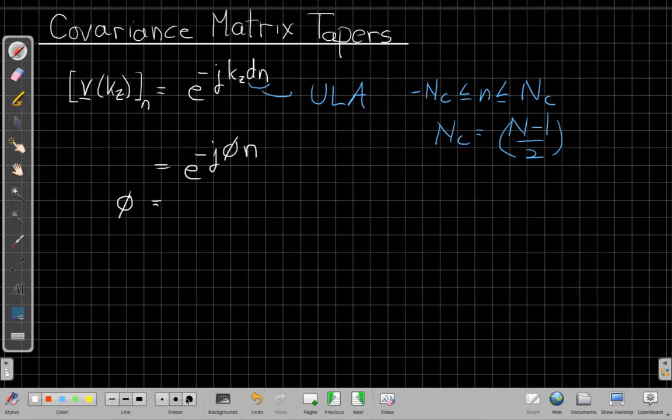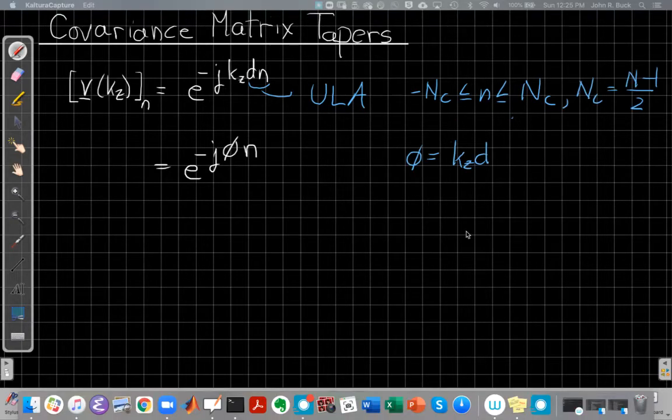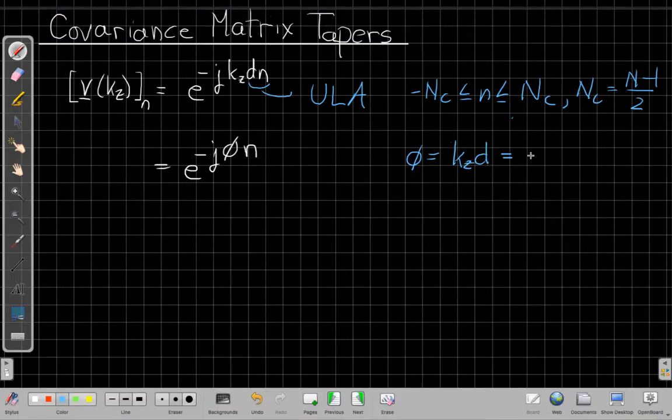That phi term is kz times d, and if I expand kz out in terms of more direct things like frequency, kz is k0, which is 2 pi over lambda, which is also 2 pi frequency over the speed of propagation, times d, and times the cosine of the bearing for the plane wave, cosine of theta.